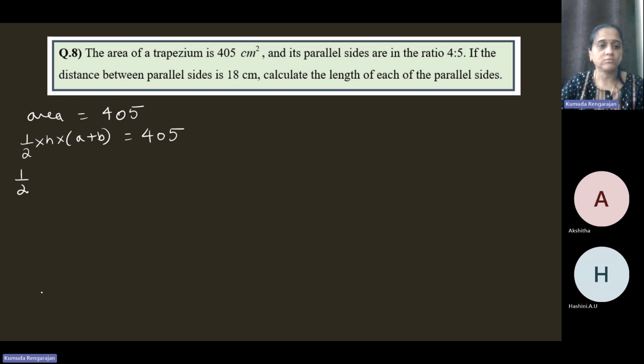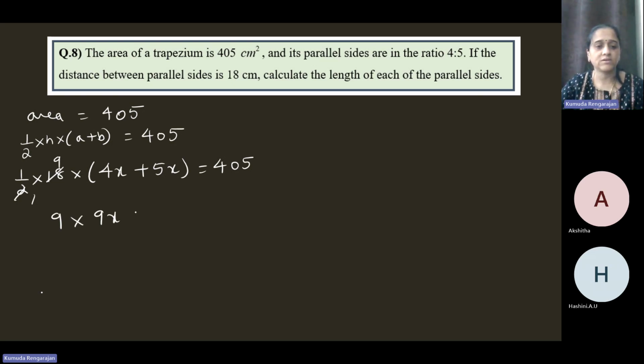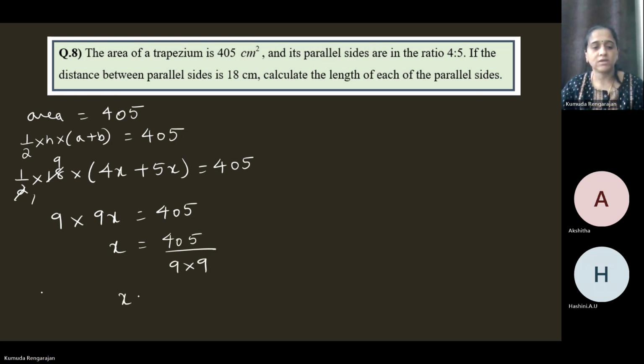So half into h is 18, into a, 4x, plus b, 5x, is equal to 405. 2 ones are 2, 9 times. 9 into 9x is equal to 405. x is equal to 405 by 9 into 9. x is equal to 5.